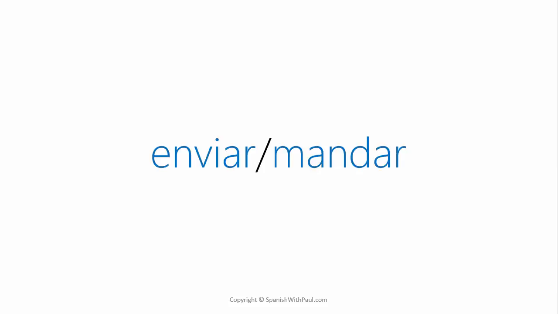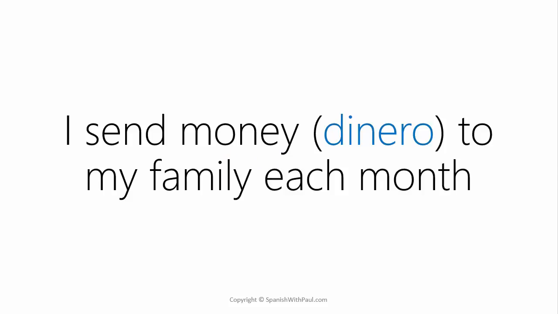The verb to send, remember we have a choice. We can have enviar or mandar. So let's stay with mandar. And we want to say I sent, which would be mando, mando. How would you say I sent money to my family each month?